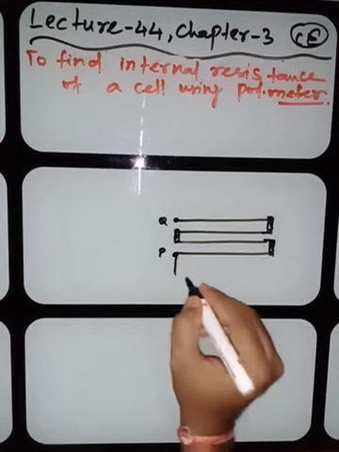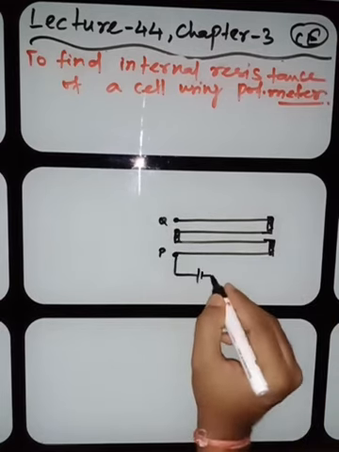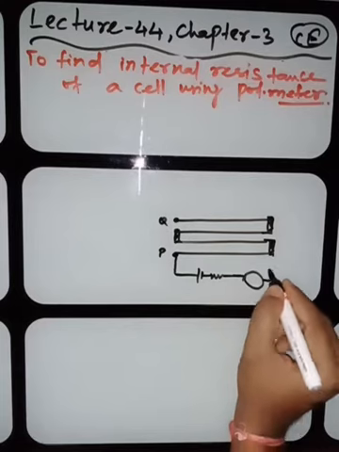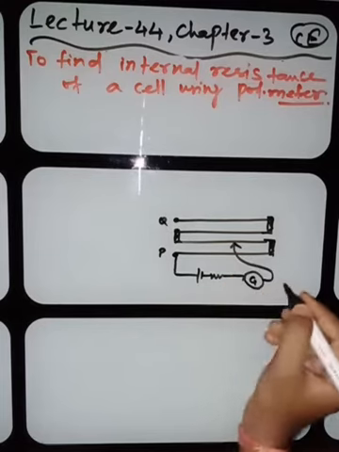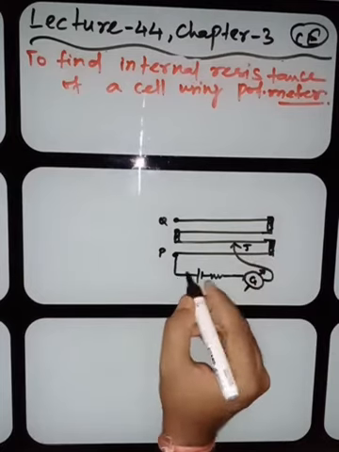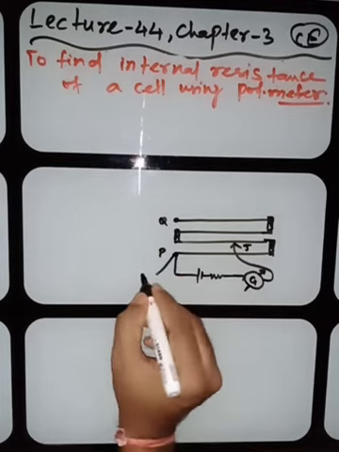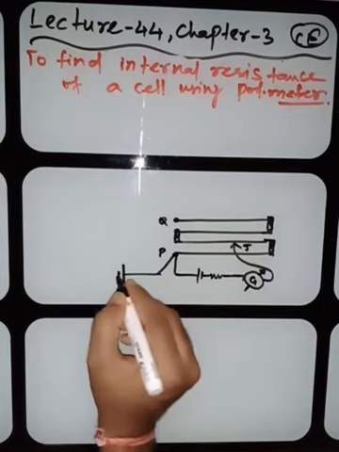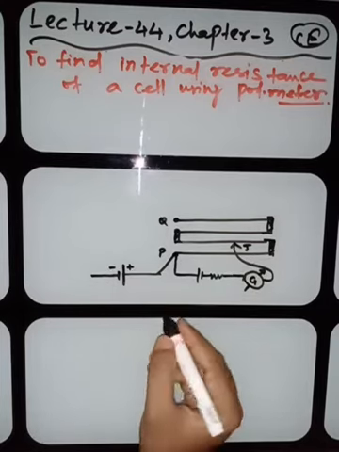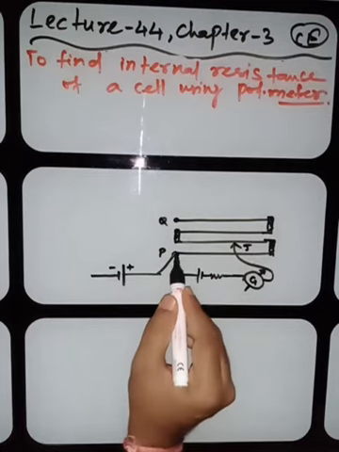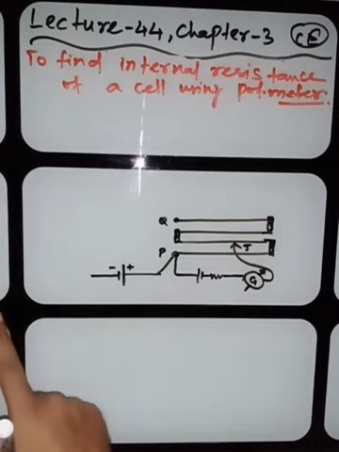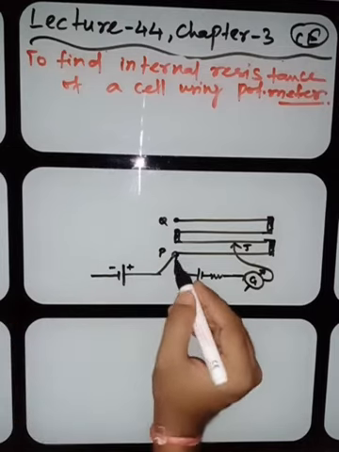Now this is the cell of internal resistance r, for which we have to do the experiment. This is the galvanometer, and now this is the jockey J. Now the driving cell. Remember, my dear students, while I am drawing the driving cell, you can see very clearly that at the point P, all the positives are at the point P. Also, in the previous derivation, we drew all the positives at the same point P. Why?